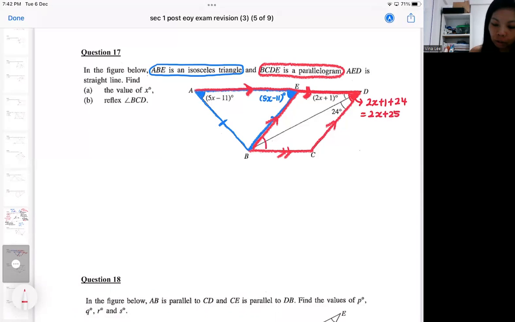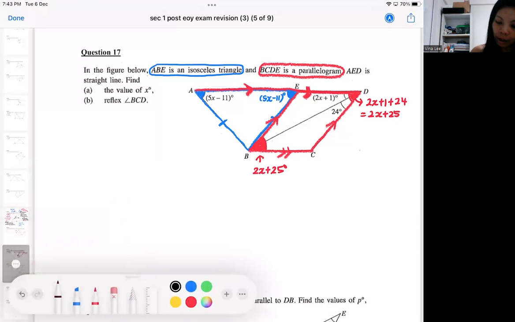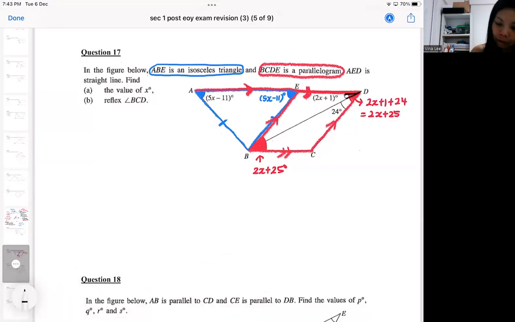And I know that this whole thing will also be 2x plus 25, because we know that in a parallelogram, opposite angles are supposed to be the same. But we also know that they are parallel. So the 2x plus 1 here is also here. This is also 2x plus 1, because it's an alternate angle.